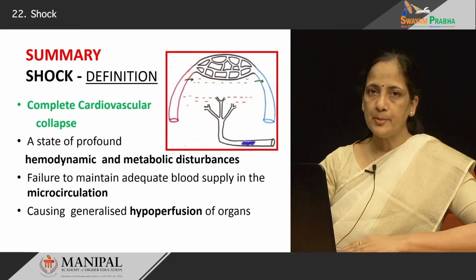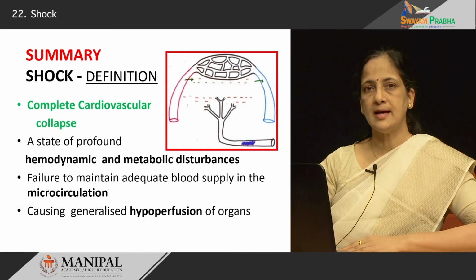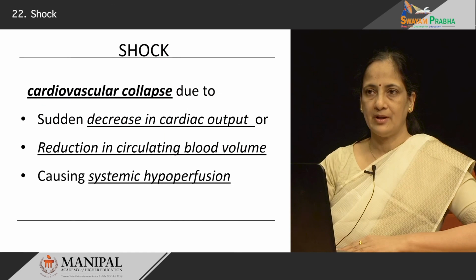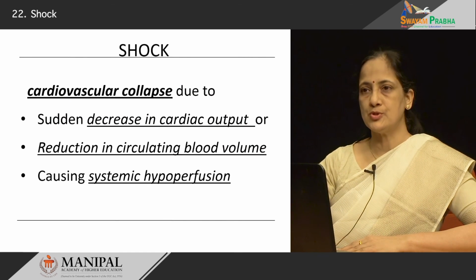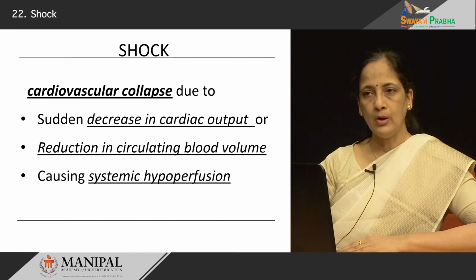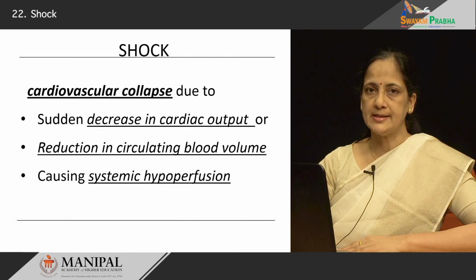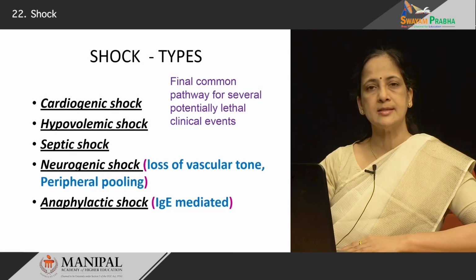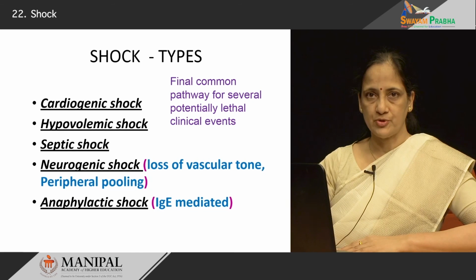This results in hypoperfusion of the organs, hypoxia, cell injury and cell death. The cardiovascular collapse is mainly due to 2 mechanisms, a decreased cardiac output or a reduction in the circulating blood volume, and that in turn is causing the systemic hypoperfusion.